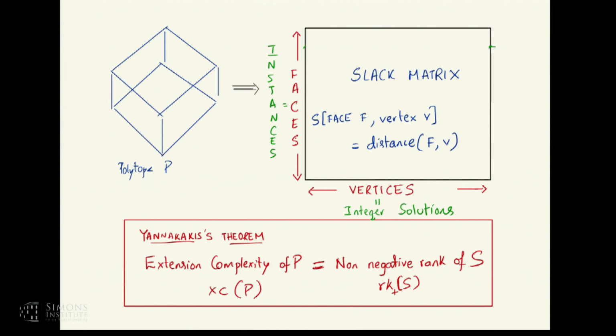So in this case, if it's max cut, it's a bunch of graphs, and if it's some other problem, it's all possible instances. So you could define this slack matrix not for a polytope, but for a problem, where you have integer solutions as your columns, and your rows are all possible instances. Again, it's an infinite matrix, and the entry is just the upper bound that you want to certify on that instance. So for instance in max cut, what is S of G comma X?